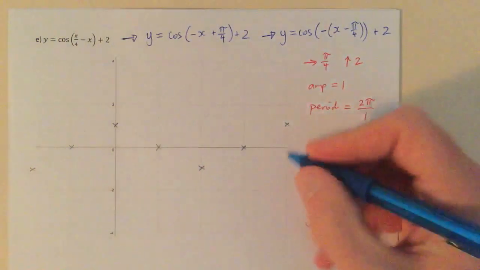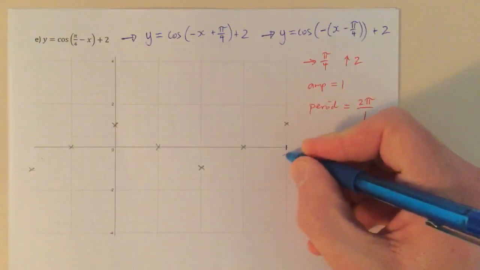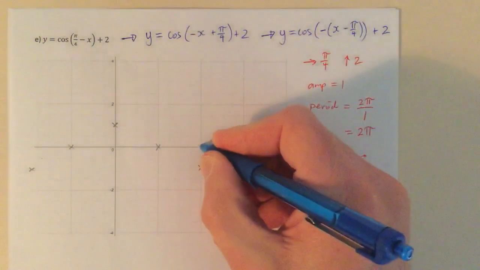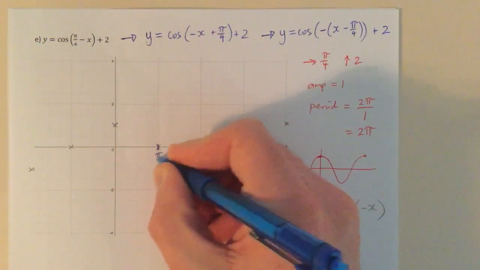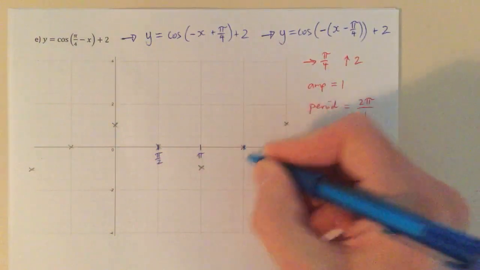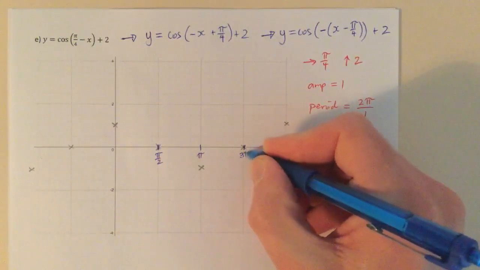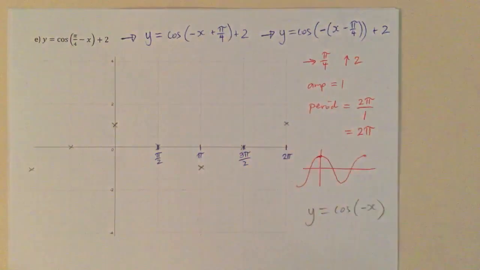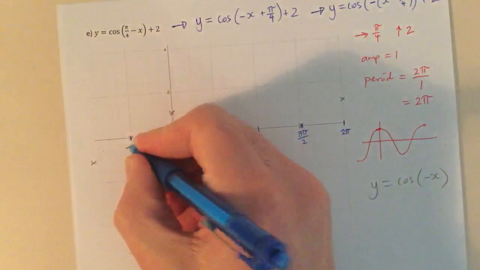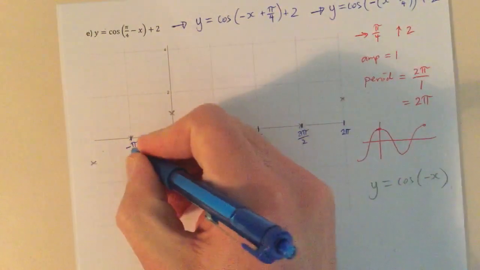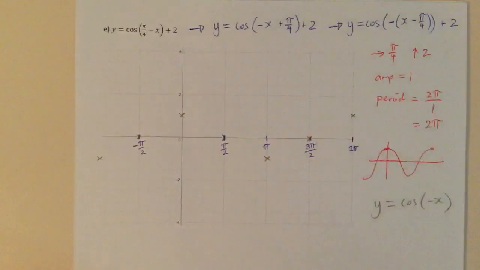So we said that one period of this graph is 2 pi. So there's pi on 2, and 3 pi on 2. And -pi on 2.